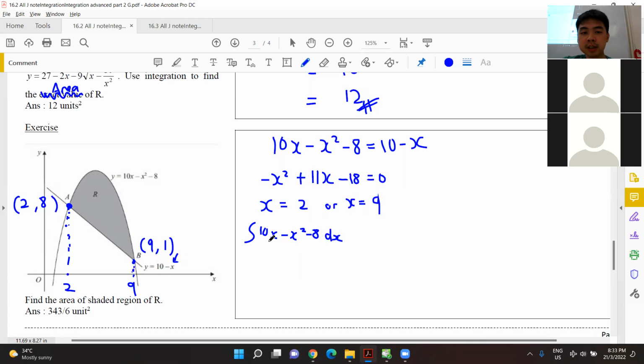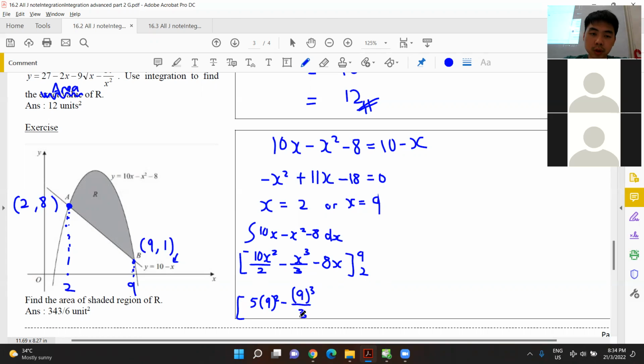Integrating this, I would have gotten 10x squared over 2 minus x cubed over 3 minus 8x. And I will then from here set my limits of 9 and 2. After getting 9 and 2, substitute it in here. 5 times 9 squared minus 2 cubed. Sorry, 9 cubed over 3 minus 8 times 9.